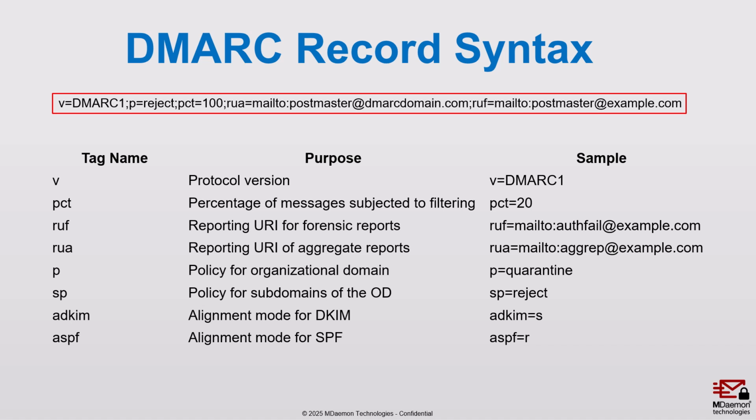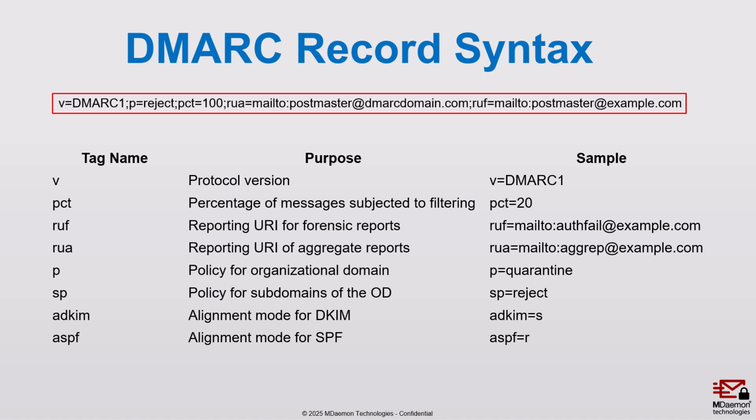So when deploying DMARC, for example, you might have a policy of p=none so that you can monitor your DMARC reports for a while until you are sure that all messages sent from your domain are properly signed with DKIM and SPF, regardless of which device sends them. And then you can change your policy from none to p=quarantine, and then continue to monitor these reports, and then p=reject.